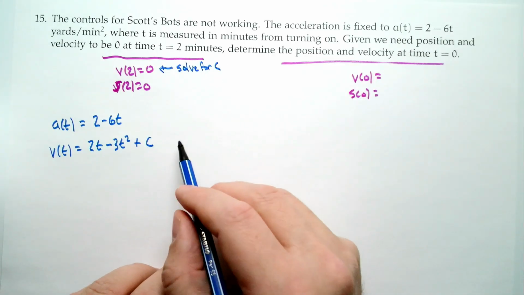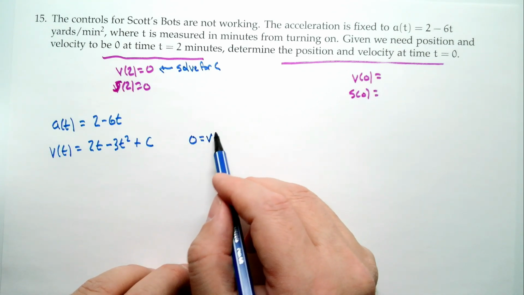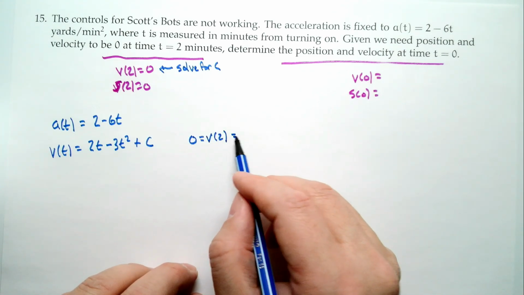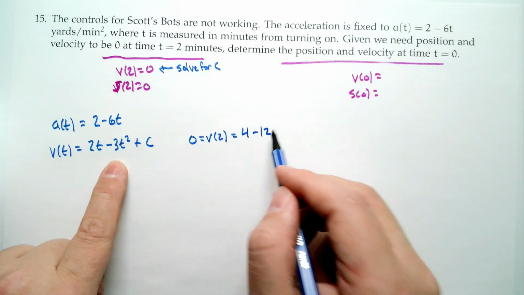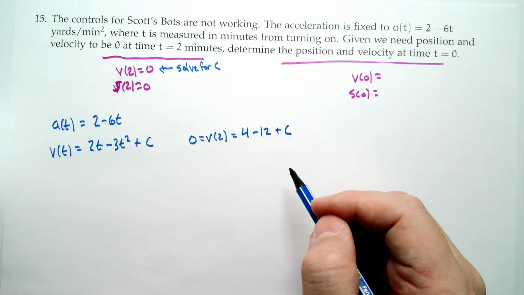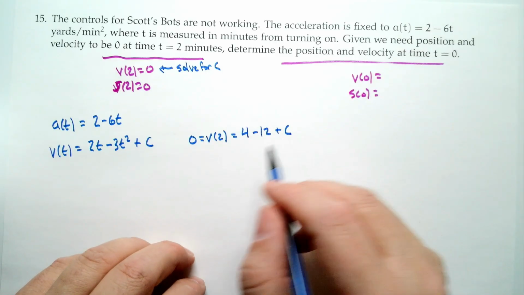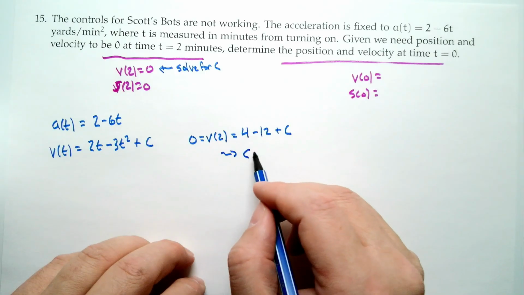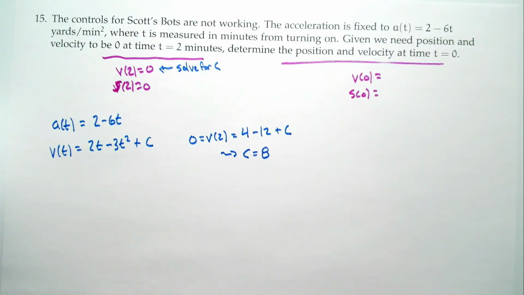All right, so how do we do it? Well, we get that 0 needs to be velocity at 2, which will be 4 minus 12 plus c. So that tells us we need c to be 8, because I can solve for c.